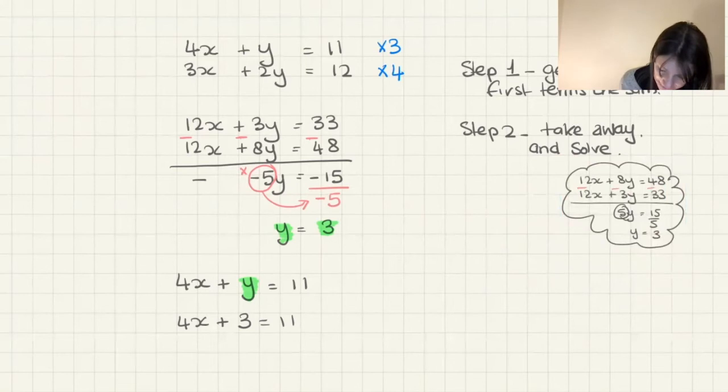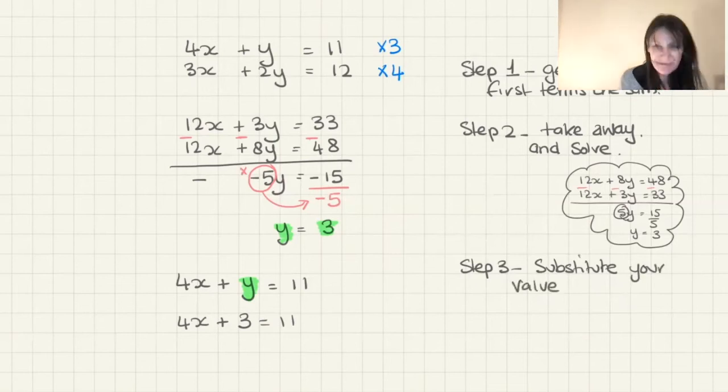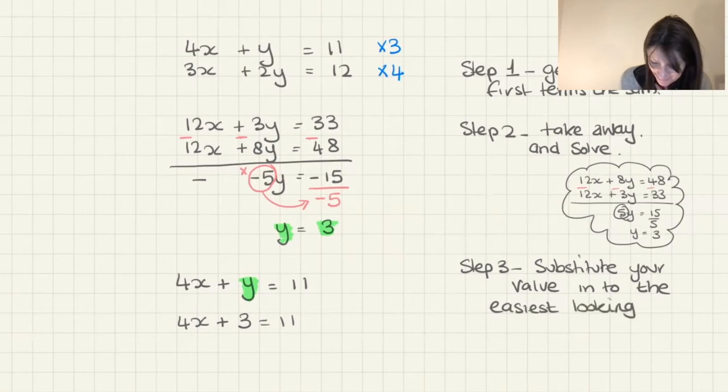Okay, so step 3 is substitute your value for y, but it might be a different letter. So I don't really like to write 4y just in case it's a different letter and then you get confused. If you want to write it, please do. So substitute your value into the easiest looking equation and solve.